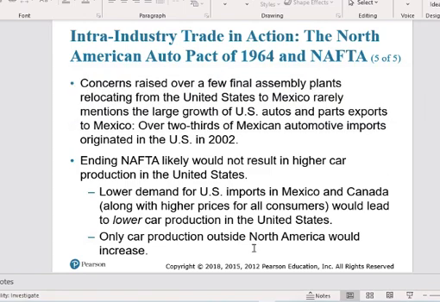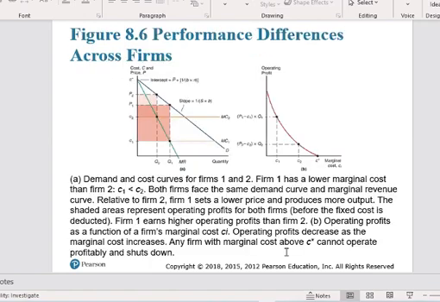The North American Free Trade Agreement, removing trade barriers, is proven to be beneficial for all these three countries. Even though all of them are manufacturing cars, we observe that all of them are benefiting from free trade among them.